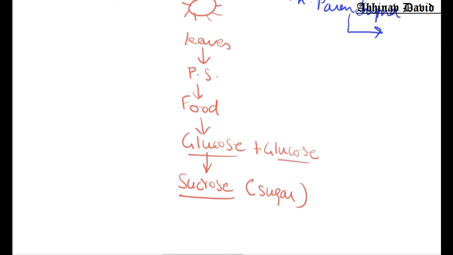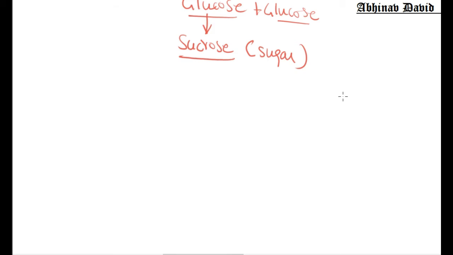Now this sucrose does not go automatically. It has to be pushed, or moved, to the companion cell and then to the sieve tube actively.